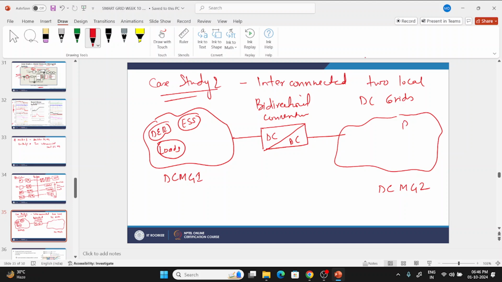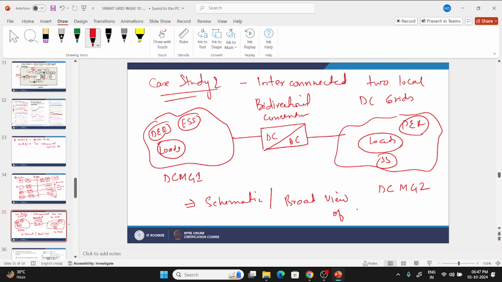Therefore, another DER will be here. Loads same as in the case of the first microgrid. There will be different types of these. Okay. Now, this is a schematic, or I can say a broad view, of a two local microgrid connection.